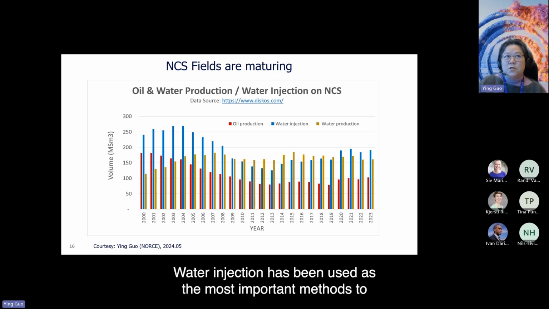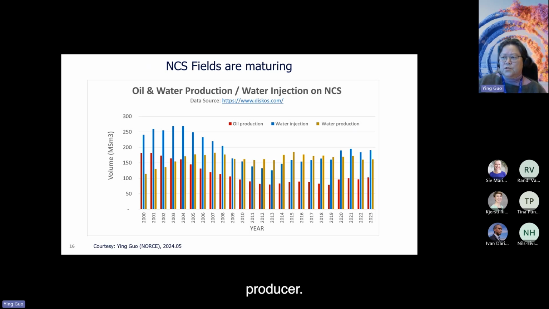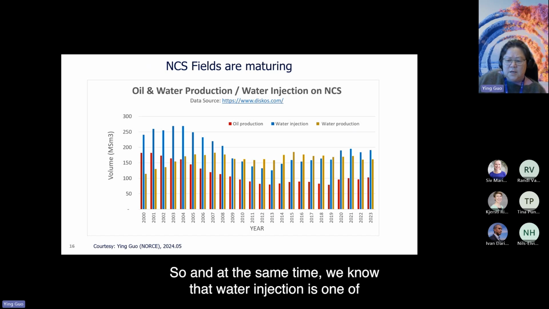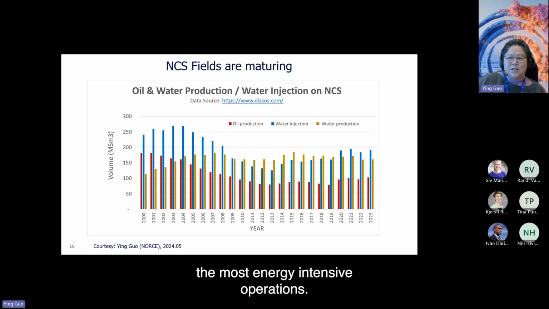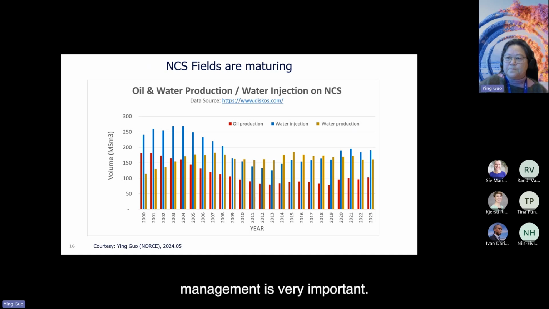Water injection has been used as the most important method to optimize the oil production, either by energy conservation or sweeping of the oil from injectors to producer. And at the same time, we know that water injection is one of the most energy intensive operations. That's why to look into the energy related to water management is very important.